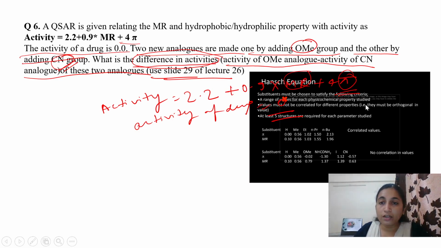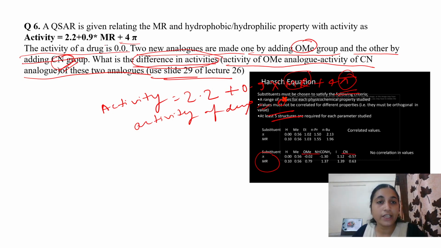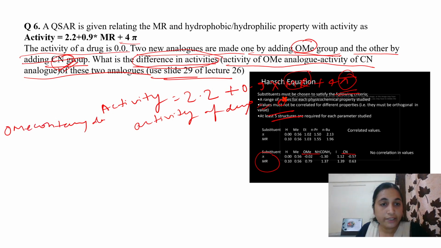So for that, we will go to this slide and take the pi and MR values of OMe and CN from here, and then calculate the activity of the OMe containing group and then the activity of the CN containing group. So how we will do it, the OMe containing drug first.